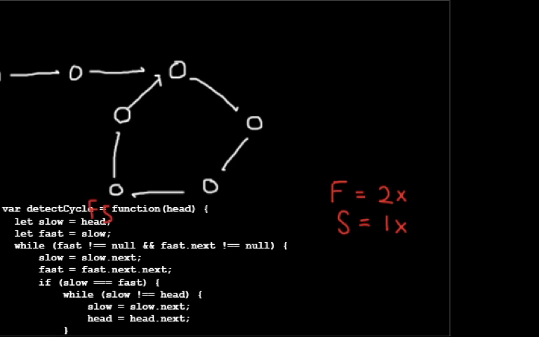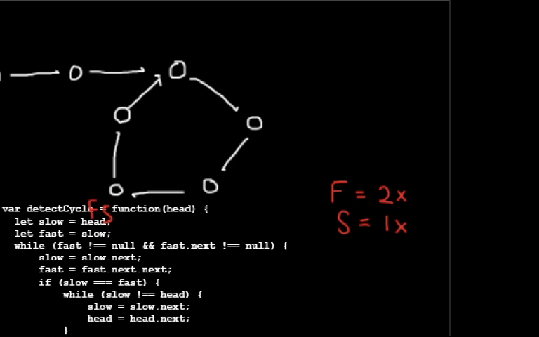I guess it's very important to note that when you're moving these things through, you don't have to compare the value of the node. You just compare to see if they are the same node.